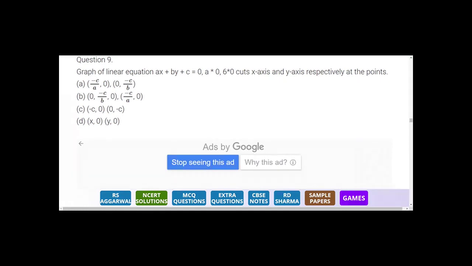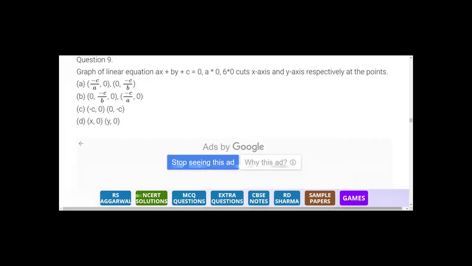Where will it cut? Are you understanding this question? No, ma'am.